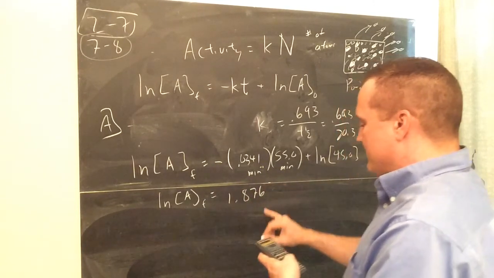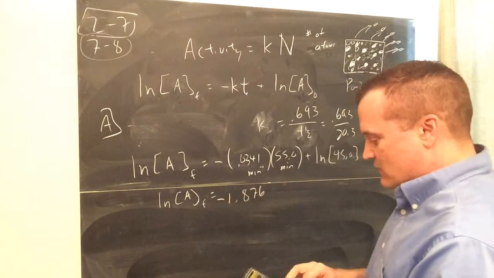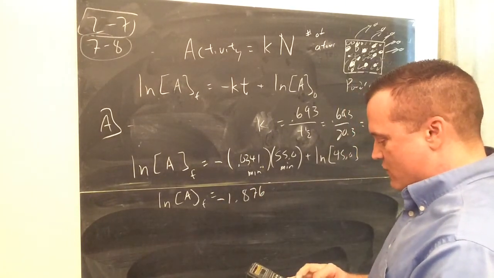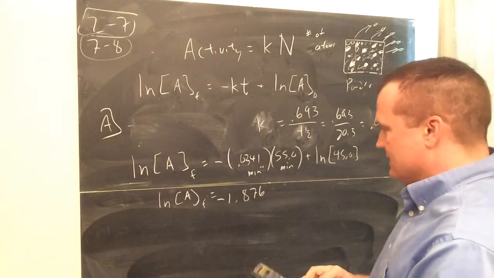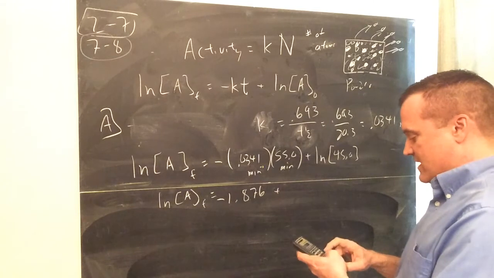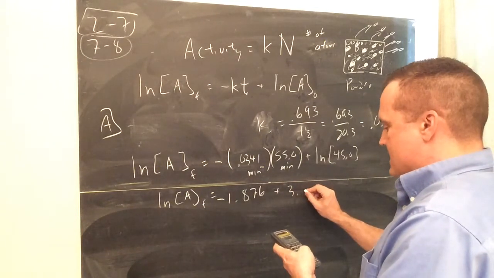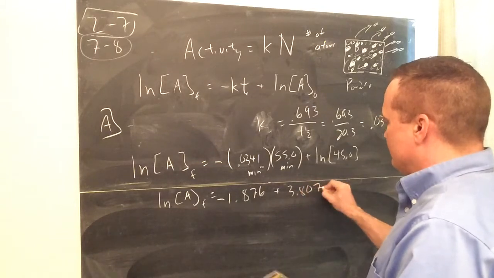I'll tell you about why I'm putting one more sig fig in a later chapter. Plus the natural log of 45, which is 3.807.